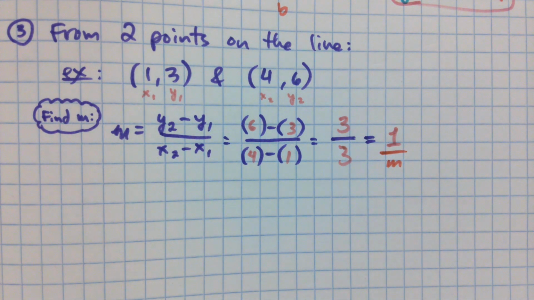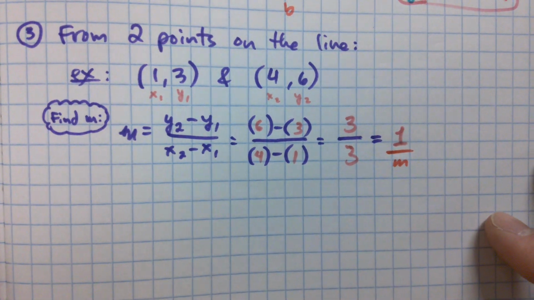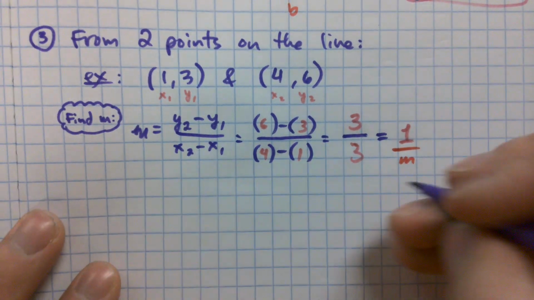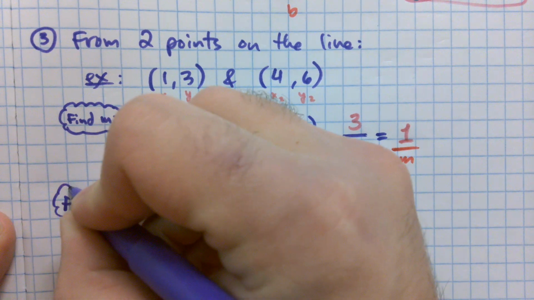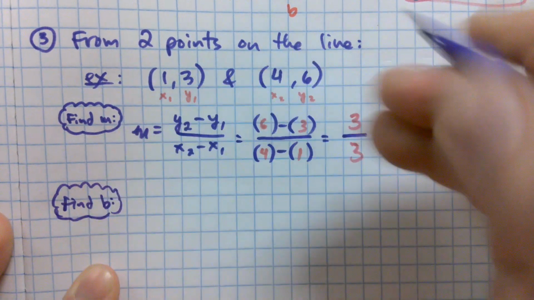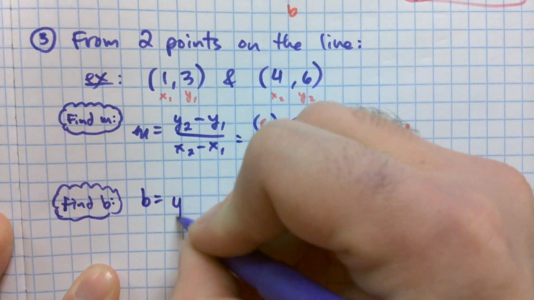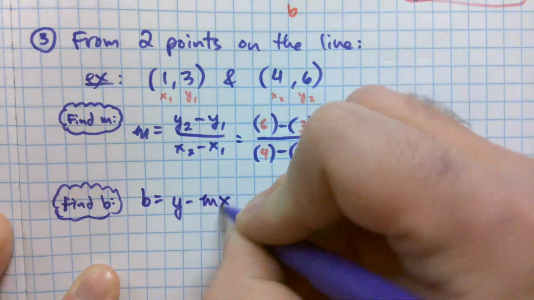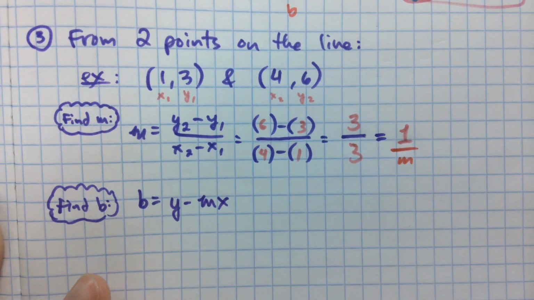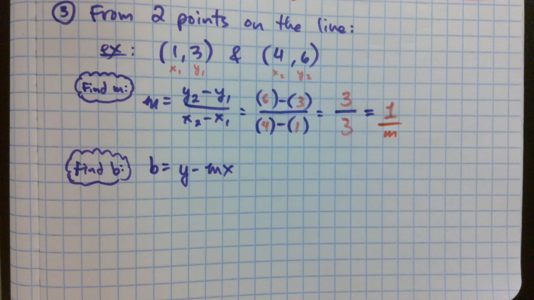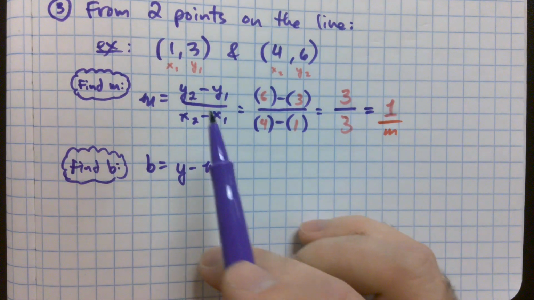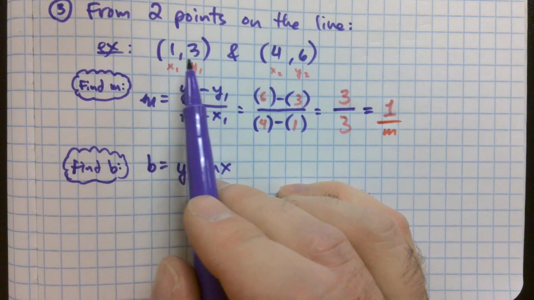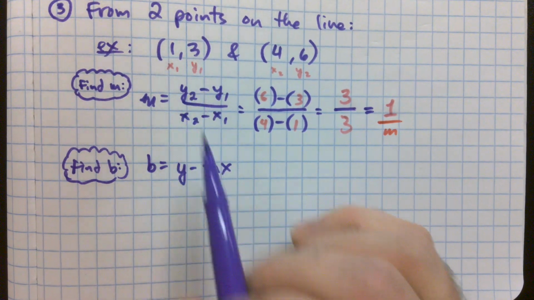Now, we have to do exactly what we did in method 2, to find b. b is equal to y minus m times x. And just like in method 2, we're going to plug in our m. We're going to plug in our first point with an x of 1 and a y of 3.